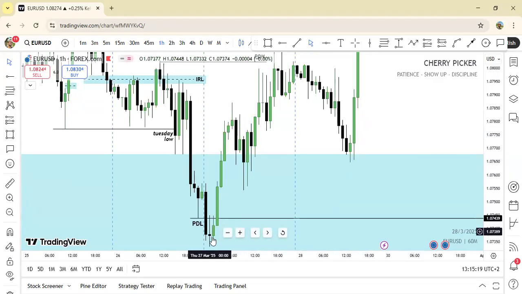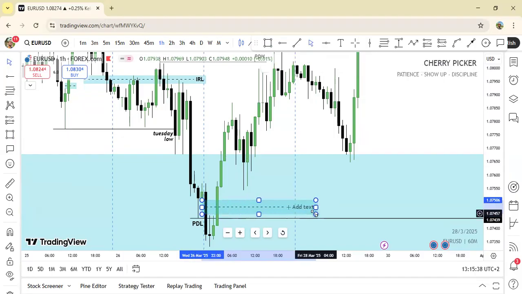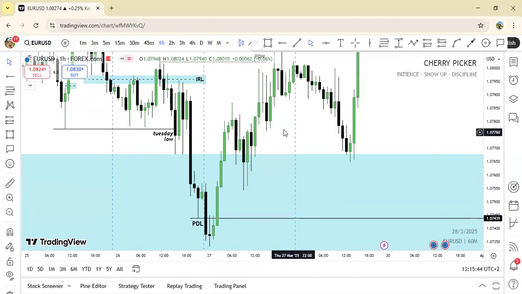What happens? Price took out previous day low, then it went up, right? What do you have here? If you look at this, you have this guy, you have this guy, overlap. You guys know what this is, right?